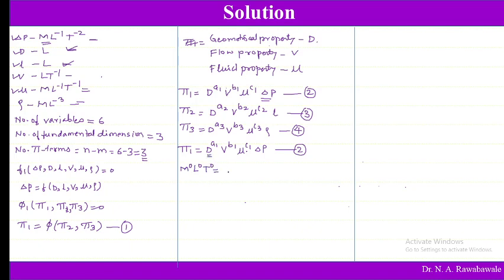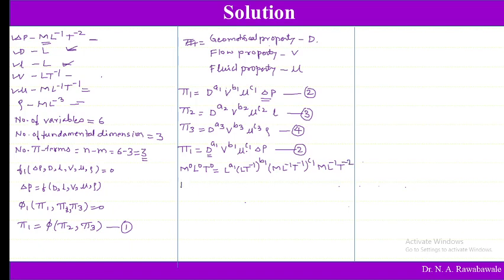D means diameter, L to the power of a1, V means velocity, L T to the power of minus 1 to the power of b1, then mu is M L to the power of minus 1 T to the power of minus 1 to the power of c1, then delta P is M L to the power of minus 1 T to the power of minus 2.